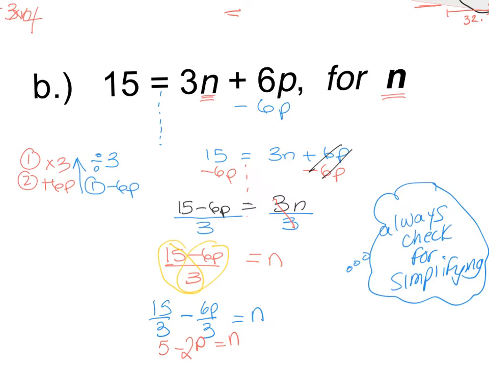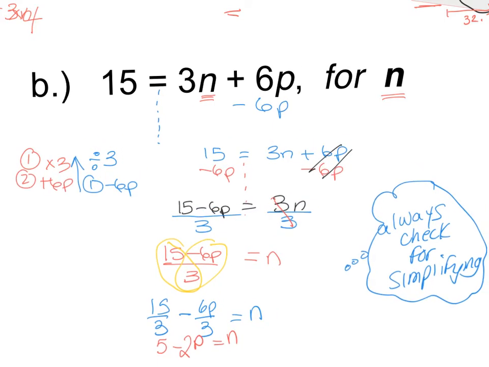So take a good look and take your time as you're looking over this, because it's important to see that what you're doing is you're actually breaking this fraction, this division, into the two parts, 15 over 3 and 6 over 3, remembering to keep the minus.